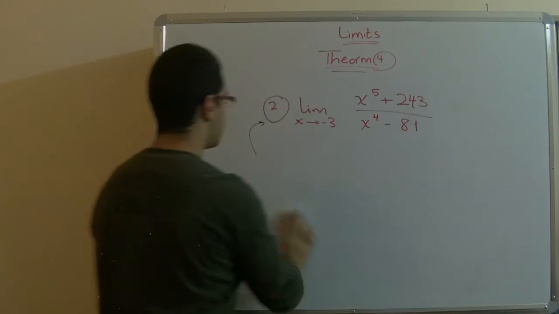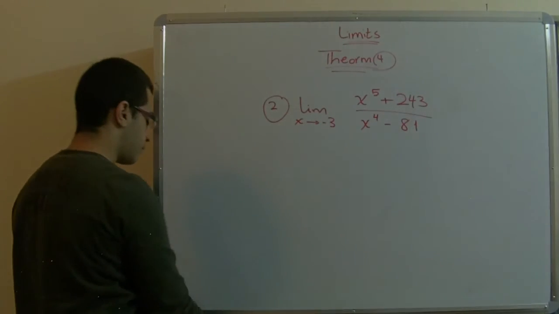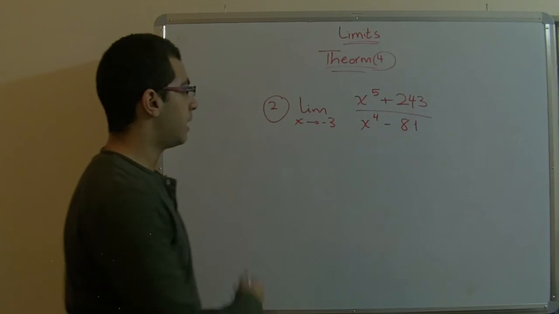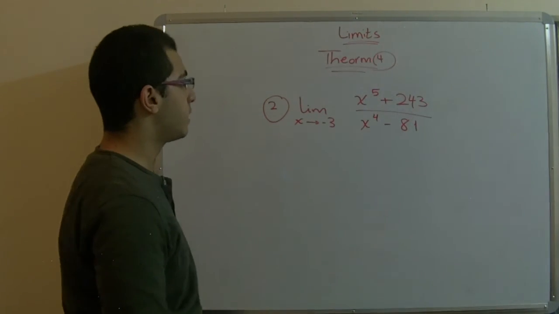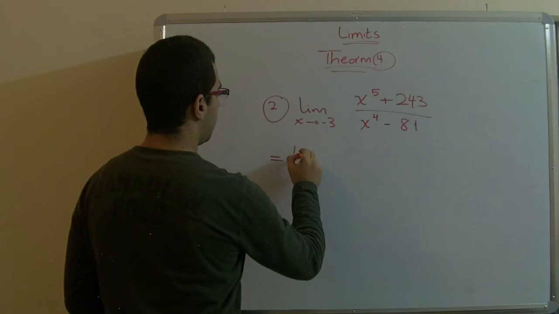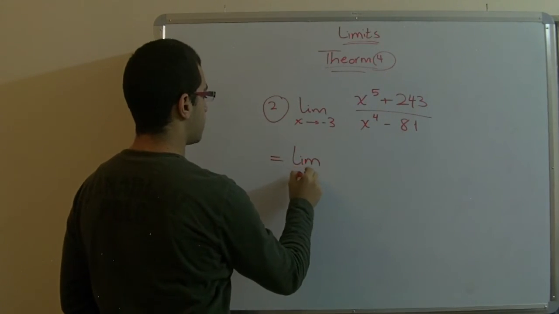These are the two hints we will use in order to solve this problem. And we must take notice of the math tricks and see them very well, because there are a lot of them in the problems. So we will solve our problem. Here we have the limit as x approaches negative 3.